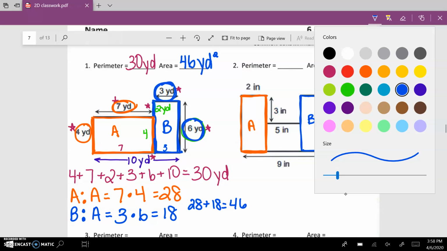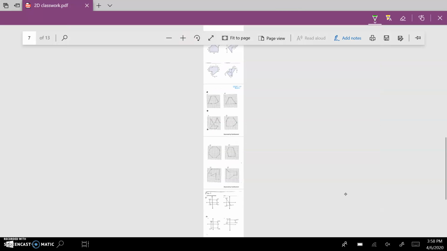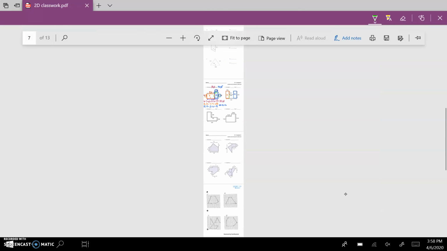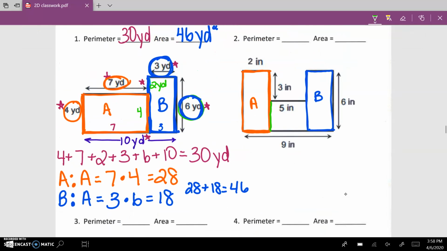And then in the middle, I will do in green. In the middle here, we'll call this guy shape C, who is in green. Okay, so to find the areas, you'd have to find the area of each individual shape. All right.